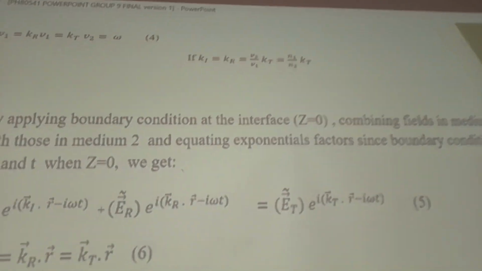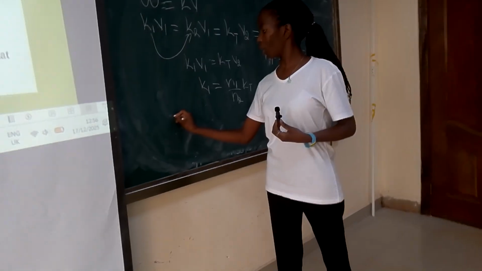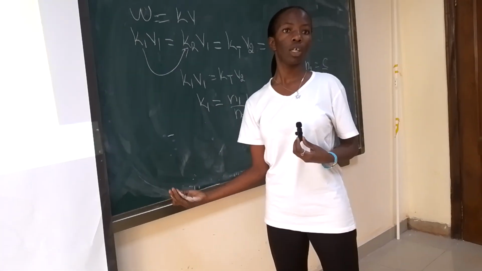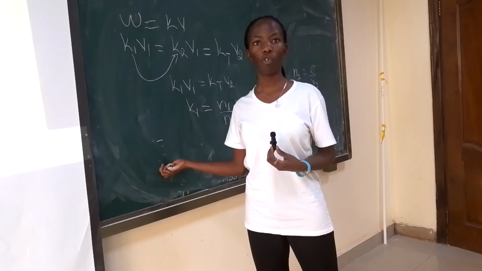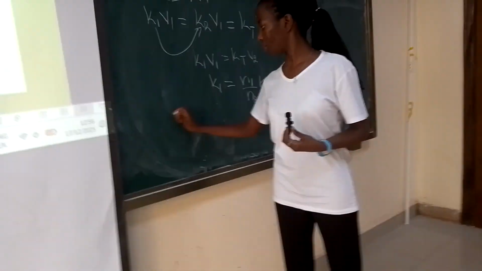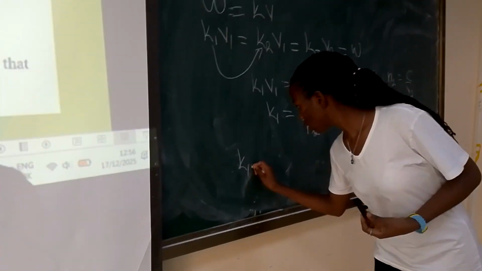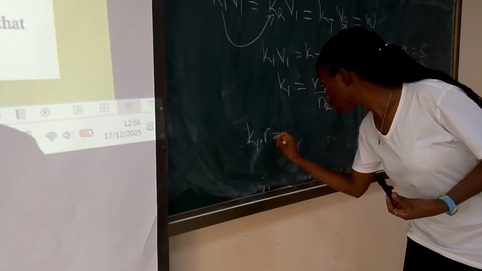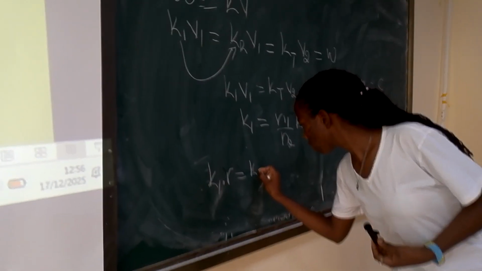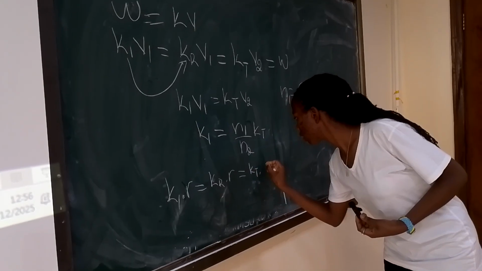Then also by applying the boundary condition, you will see that if you combine the waves in medium 1, both incident and reflected, and equate them with the wave in medium 2, by equating the exponential factors, Ki dot r is equal to KR dot r, which is equal to KT dot r.